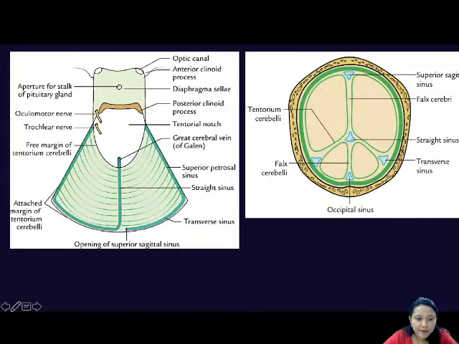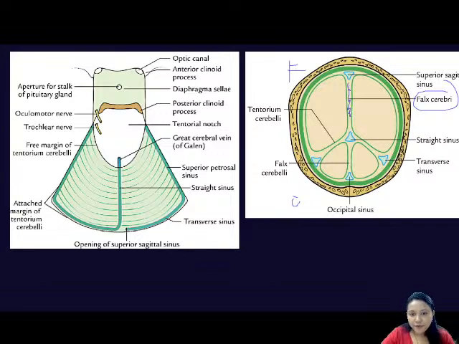As you can see in this section as well, you will have the falx cerebri. This is the frontal part and this is the occipital part. So this entire dural fold in the median longitudinal fissure is the falx cerebri.